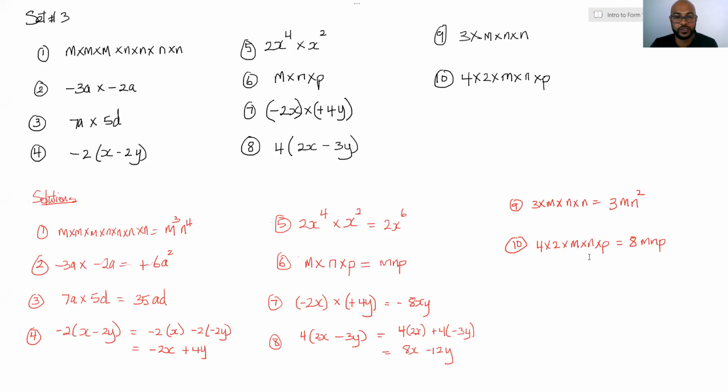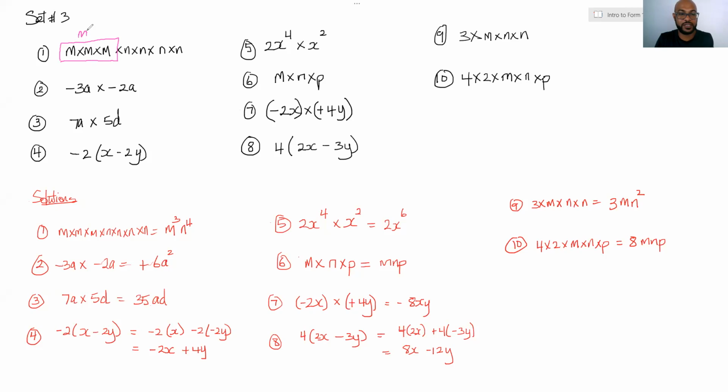So here are the solutions to our set of questions, set number 3. For the first one, the answer you should have received there would have been m cubed n to the power 4. Remember I said when you're multiplying like terms together, you count the number of them and express it in terms of the power.